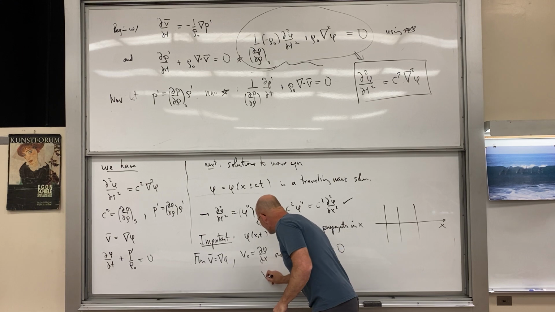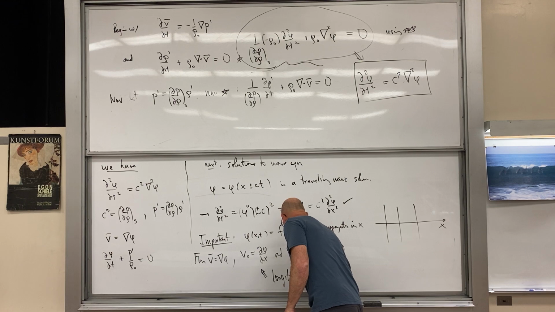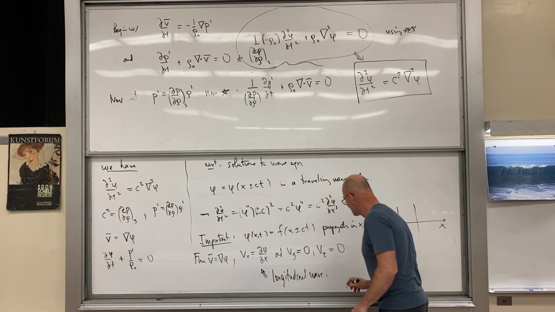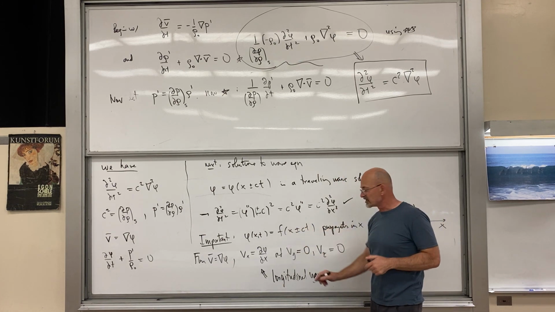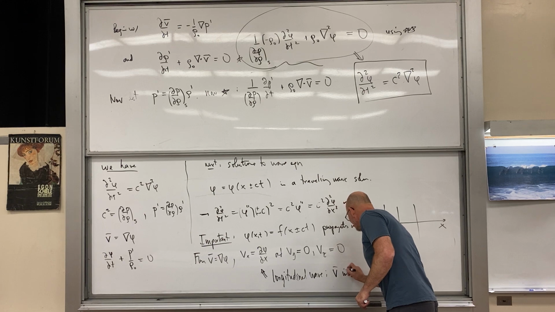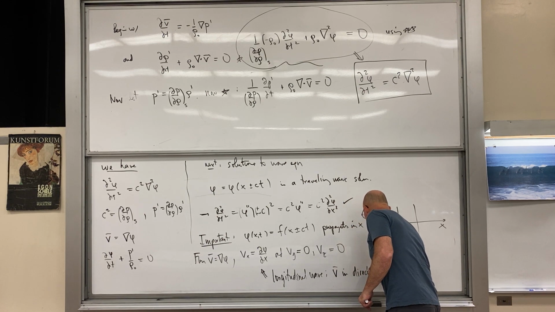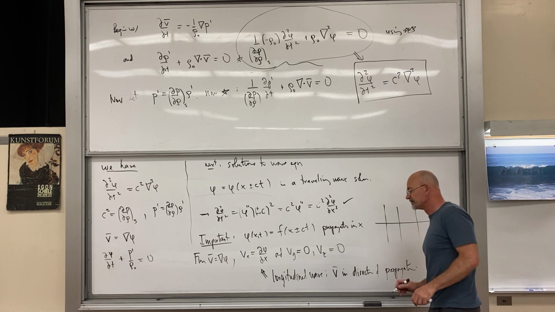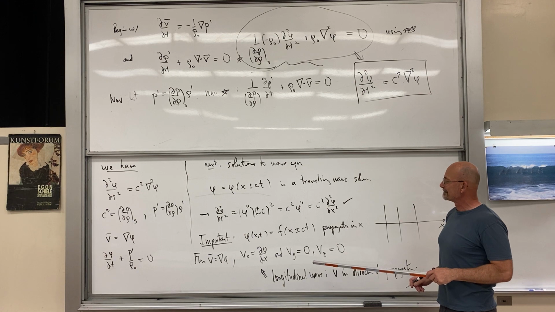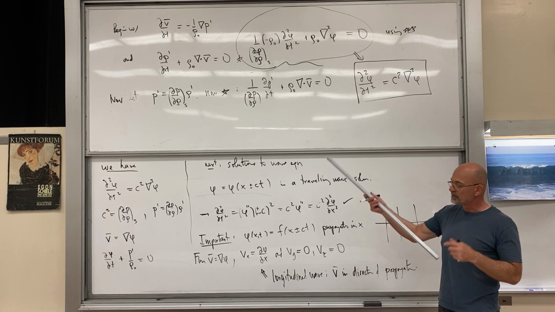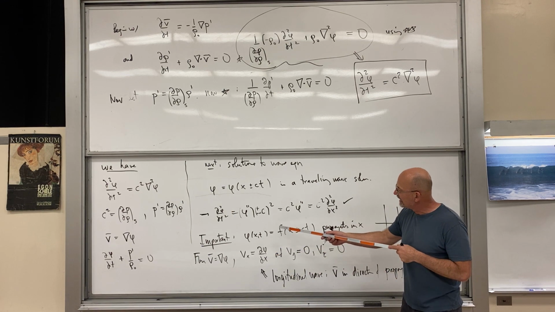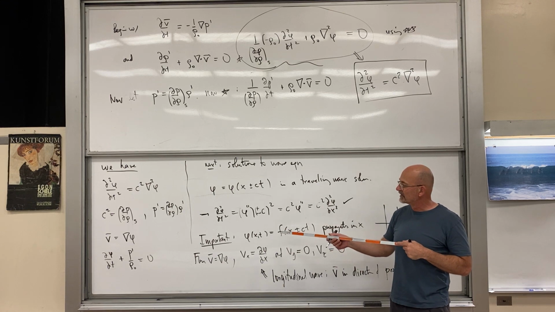So this tells us that we have a longitudinal wave, right? V is in the direction of propagation. I should point out, since we can generate these things out of the potential, of course, the velocity itself satisfies the wave equation.